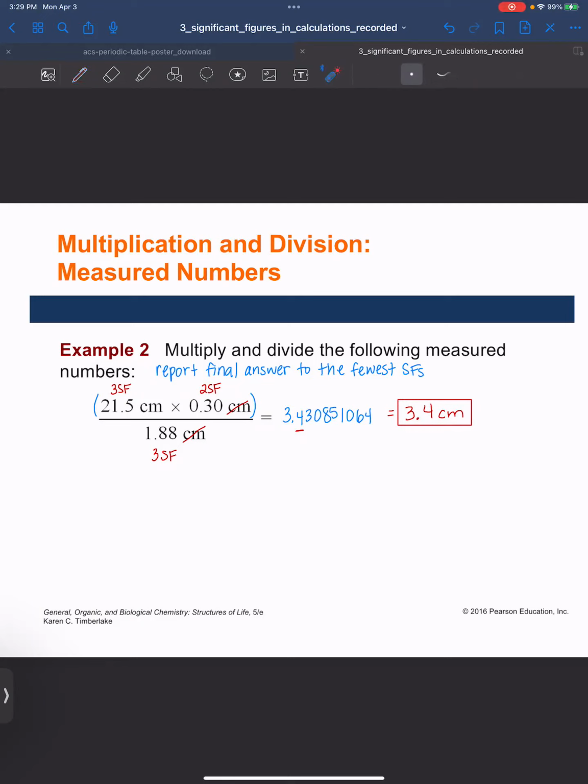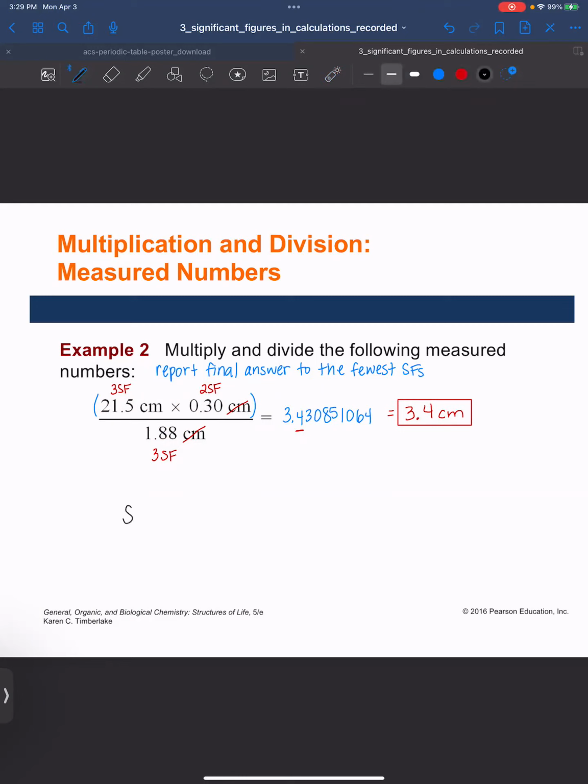When you're doing calculations, make sure you save rounding until the very end of the calculation. If we were to round at the top here and then divide the rounded answer by 1.88, we would introduce error in the calculation.